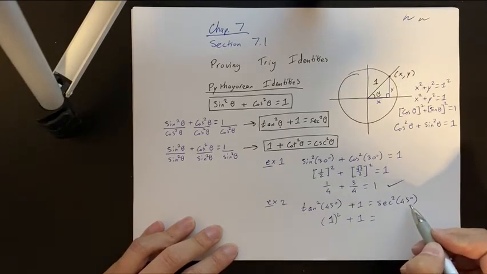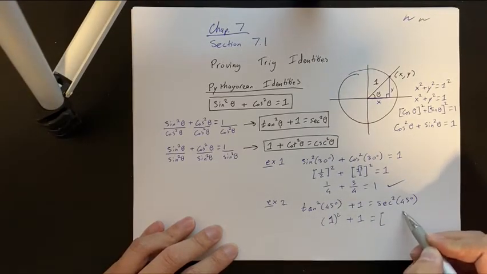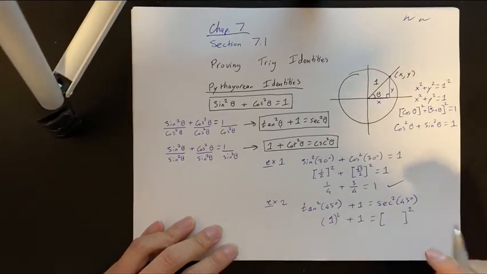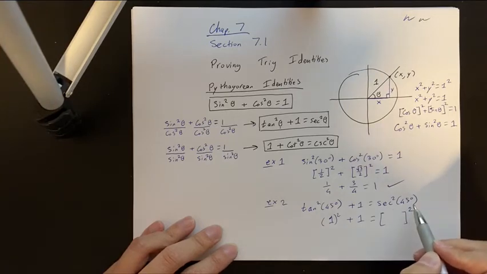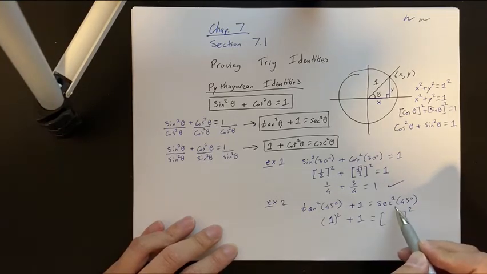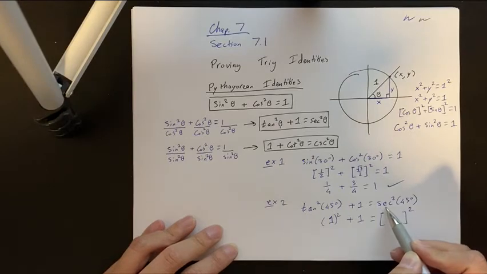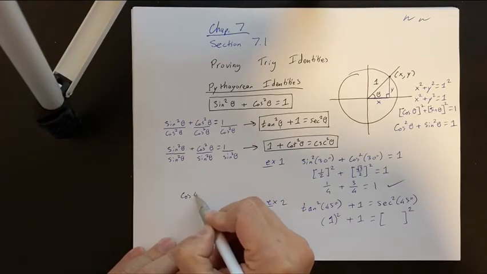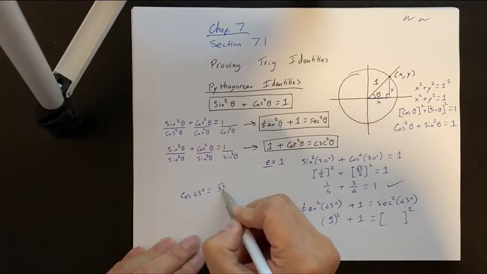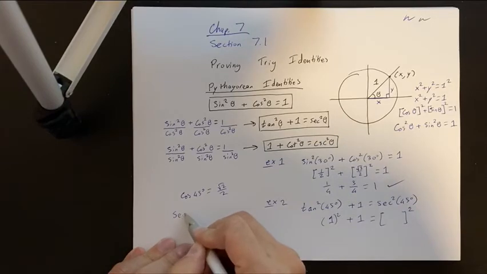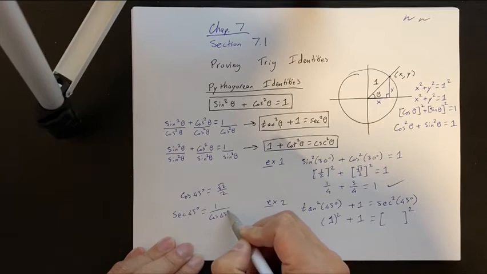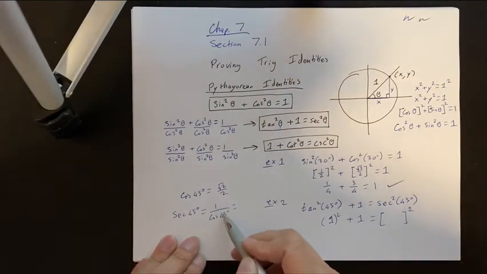Secant of 45, how do I evaluate secant of 45? Well, it's the reciprocal of cosine of 45, right? Secant is 1 over cosine. So if I know that cosine of 45 degree is root 2 over 2, and I know that secant of 45 degree is 1 over cosine of 45, it just means that I'm going to take the reciprocal of this guy.